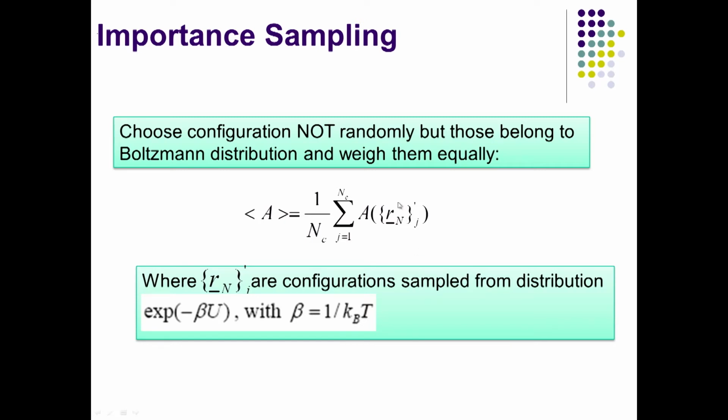So, if you look at the position vector r^N, we are looking at configurations sampled from the distribution of exponential minus beta U, where beta is 1 over k_BT. Now, we have importance sampling established. So, what did Metropolis do?